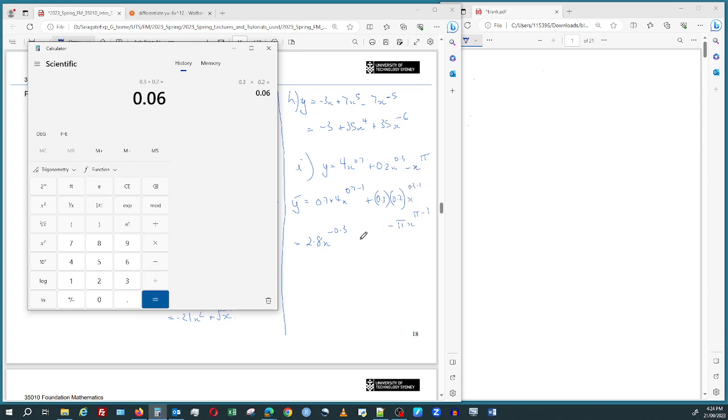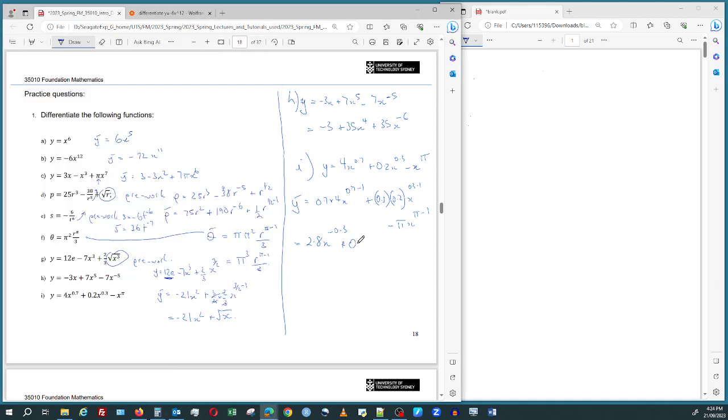So it's got to be smaller than 0.6, it's got to be 0.06. So that's a positive 0.06. 0.3 minus 1 is minus 0.7. And here we've got minus pi x to the pi minus 1. Okay, I'll come back for another video because we're at that 20-minute mark. Back soon. Thanks.